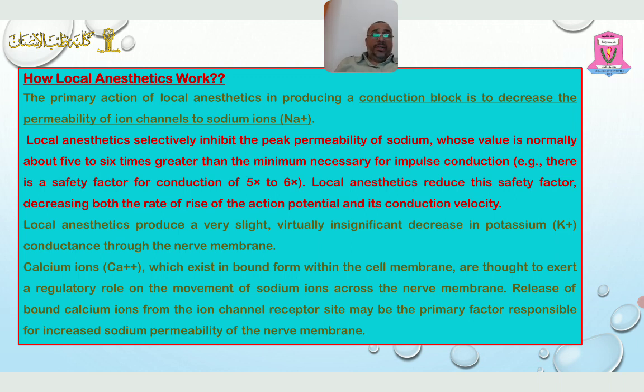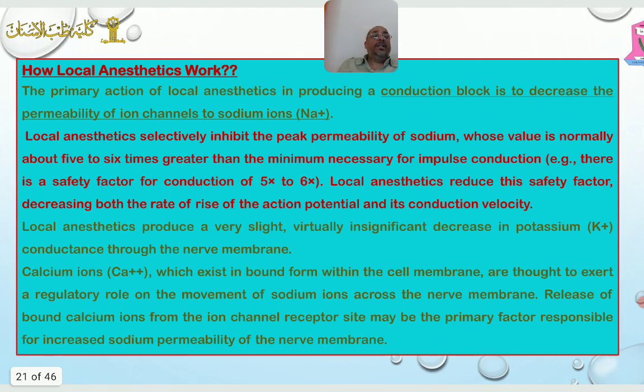Calcium ions, which exist in bound form within the cell membrane, are thought to exert a regulatory role on the movement of sodium ions across the nerve membrane. وهاي النقطة مهمة جدا.